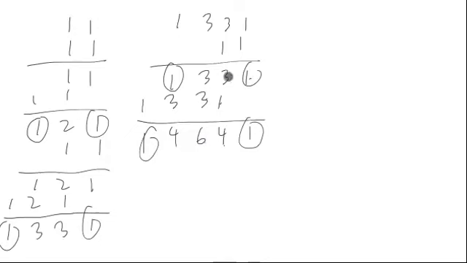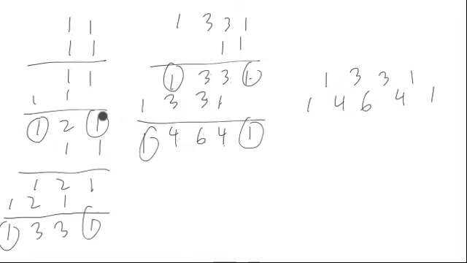So this 3 and 3 add to make that 6. This 4 comes from adding that 3 and 1 together. So really, we could have thought this way. We could say put 1s on the ends and then say 3 plus 1 is 4, 3 plus 3 is 6, 1 plus 3 is 4, and we get the coefficients for x plus 1 raised to the 4th power.